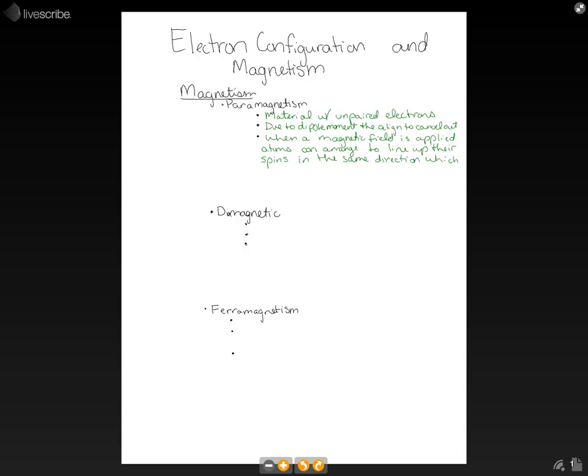And that is going to increase or reinforce that magnetic field.